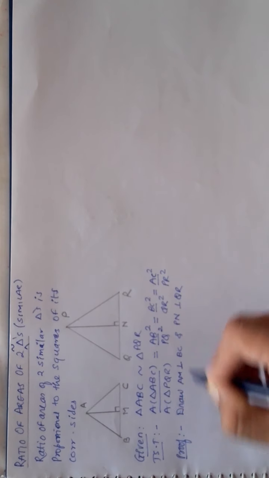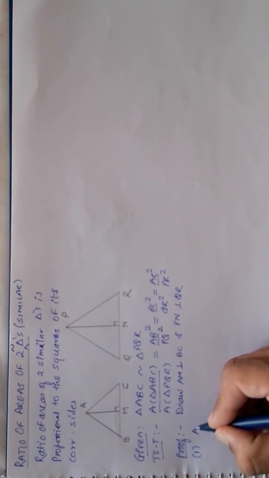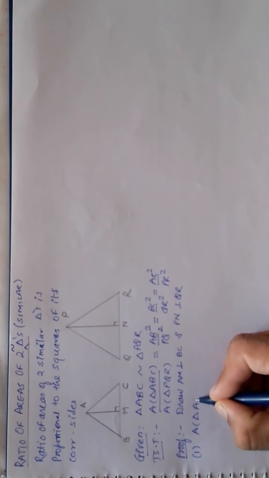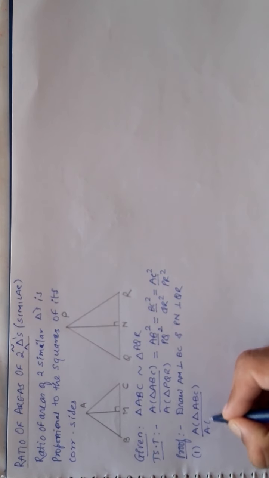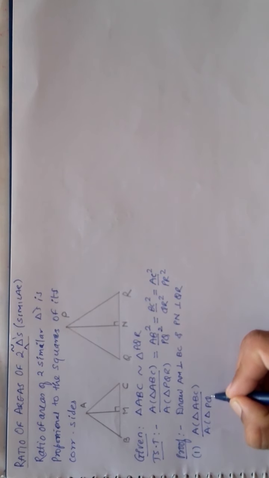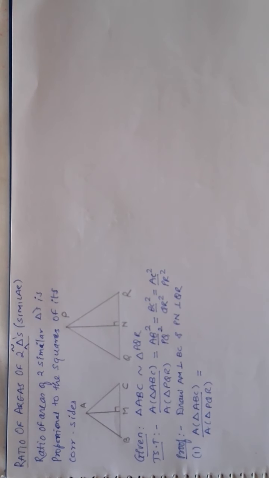I do not know what to do right now, I am just thinking of getting these areas. By the ratio of areas of two triangles, I am not saying similar right now. I know the ratio of areas of two triangles is proportional to the product of their corresponding bases and heights, the first property that we have already seen.